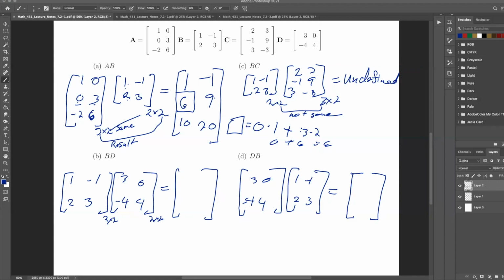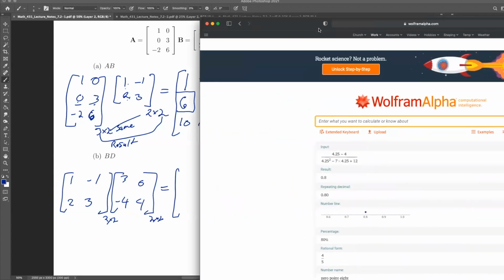I got the same. Same. All right, guys. So let's do this in Wolfram Alpha. I'll give you a hint. Usually if I write something in chat, it might be right. So let's just do this quickly in Wolfram Alpha.